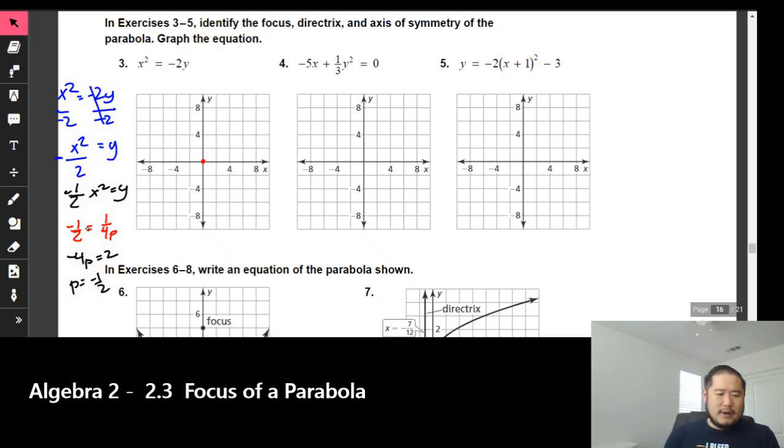So for my focus, knowing that that is my value of p, let's go ahead and put the focus. Remember, because it's going up and down, or in this instance, downwards, the value of x is going to stay the same. So that'll be 0, and what we're going to put right here is 0 comma, and then p, which is -1/2.